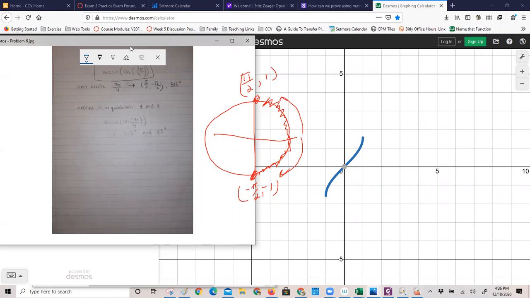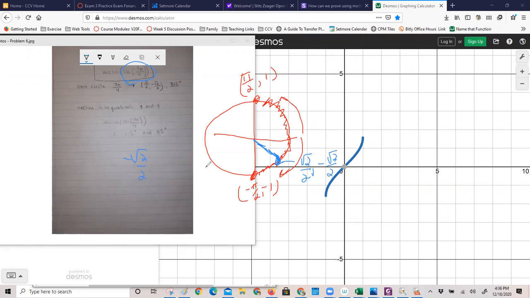Let me get a different ink going here. So 7 pi over 4 is down here in quadrant 3, isn't it? And if you look at the unit circle, x is the square root of 2 over 2, and y is negative square root of 2 over 2. So the sine of 7 pi over 4 is going to be negative square root of 2 over 2.